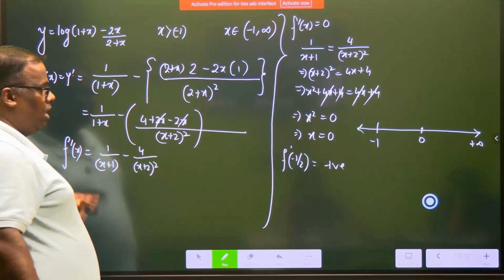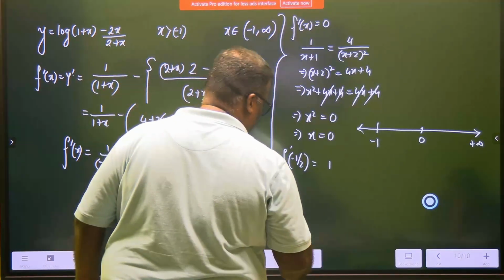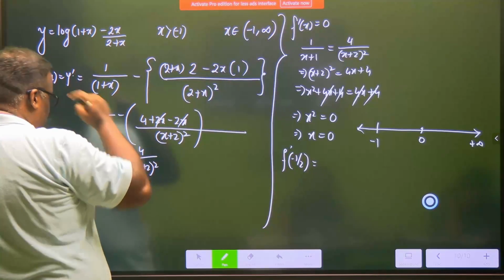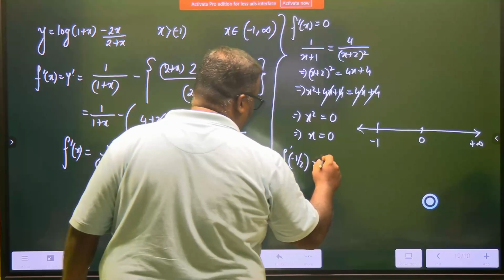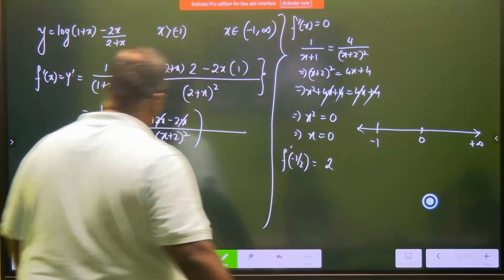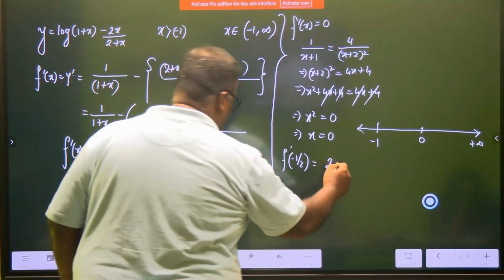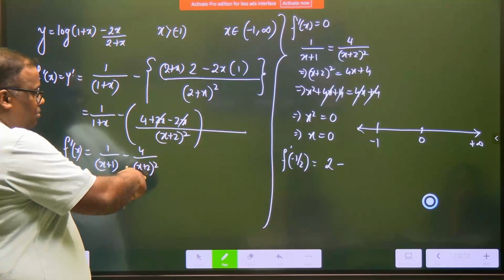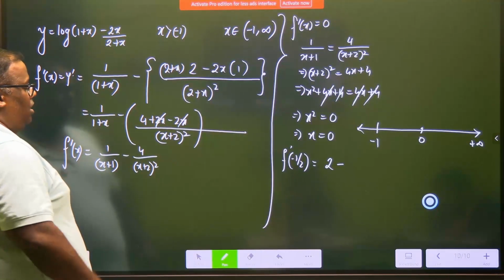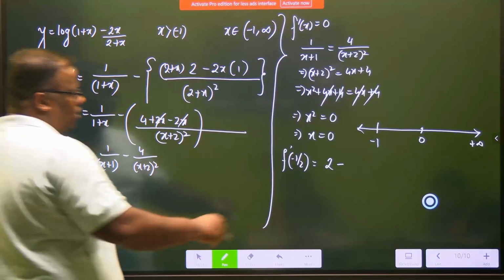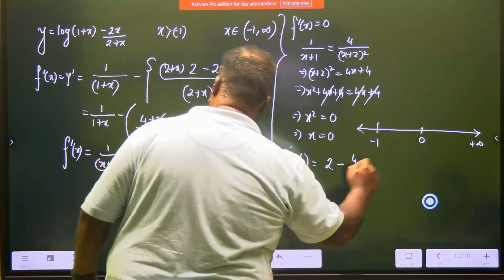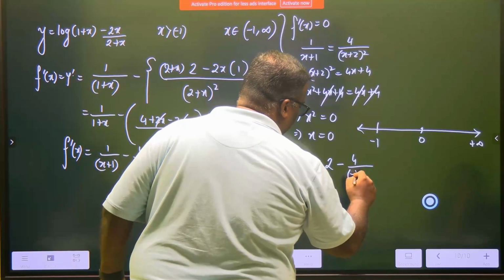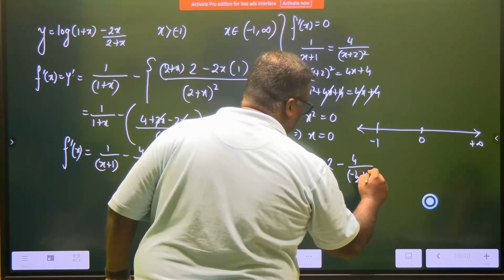And we should have some figures also. Let's put some figures. Negative half plus 1 means what? Positive half. 1 by positive half means this is 2. 2 minus, let's see this. This is always a positive term. So this term is how much? 4 by negative half plus 2 whole square.